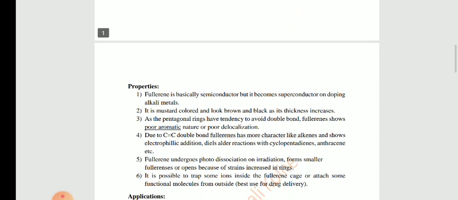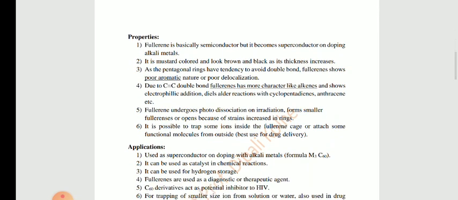Okay, so which are the properties of fullerene? First one, fullerene is basically a semiconductor, but it becomes a superconductor on doping with alkali metals. It is mustard color and looks brown and black as its thickness increases. As the pentagonal rings have the tendency to avoid the double bond, fullerene shows a poor aromatic nature or poor delocalization.